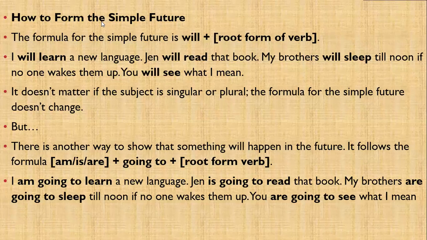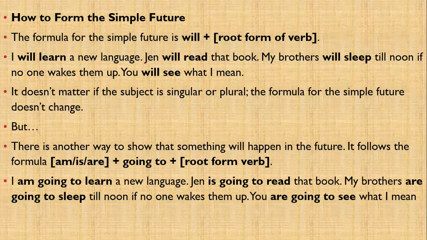Jen will read the book. My brothers will sleep till noon if no one wakes them up. You will see what I mean. It doesn't matter if the subject is singular or plural. The formula for the simple future doesn't change.